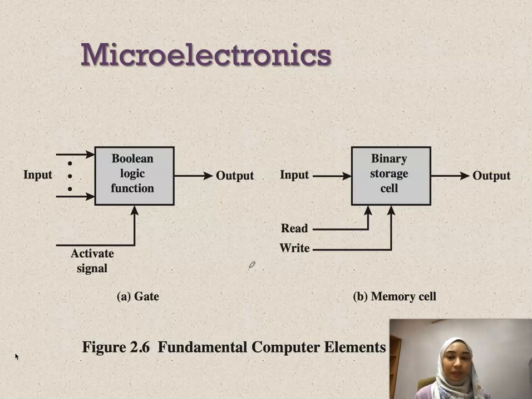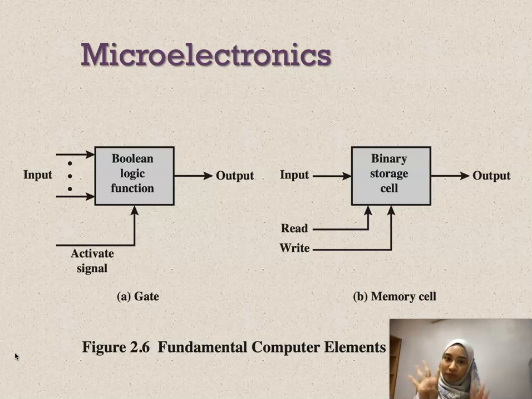So the basic elements of a computer, as we talked about in lecture number 1, are that we need to have memory, we need to have storage, we need to have movement of the data, we need to have processing, and also we need to have control. So we have 4 basic elements of a computer: storage, movement, processing, control.